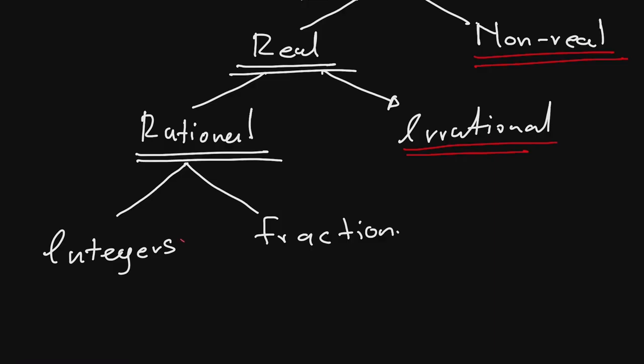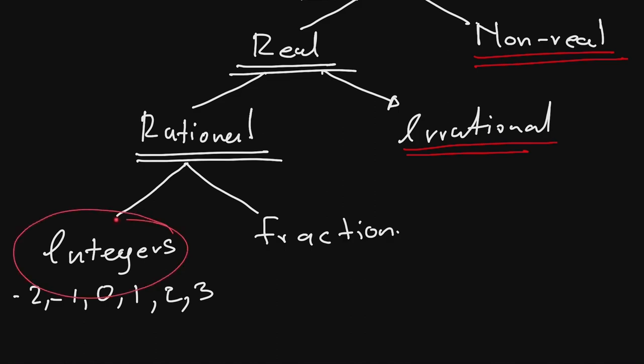By definition, integers are positive and negative whole numbers. Remember, whole numbers are numbers from 0, 1, 2, moving like that to infinity. But we also have to include negative numbers when we talk about integers. That is why they fall under rational numbers, because integers can also be written as fractions.